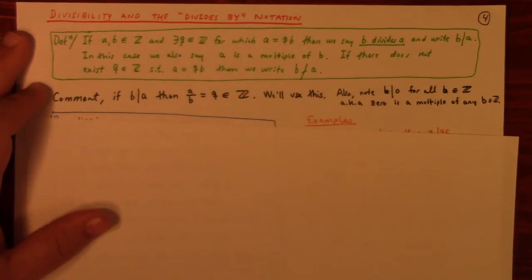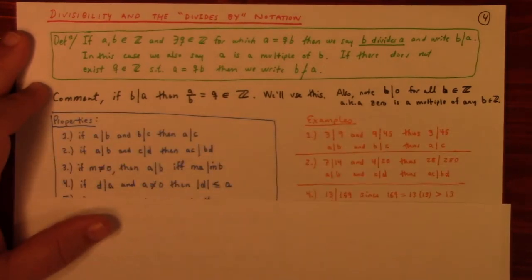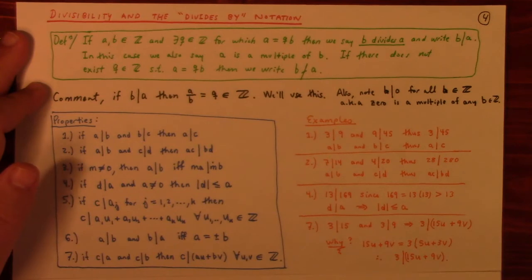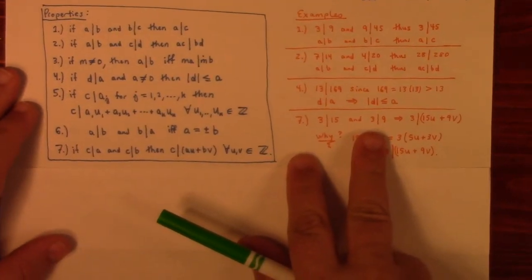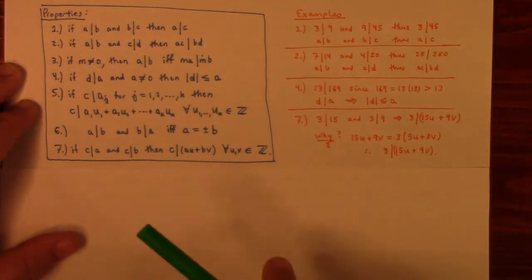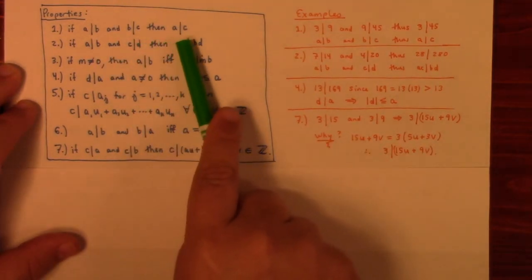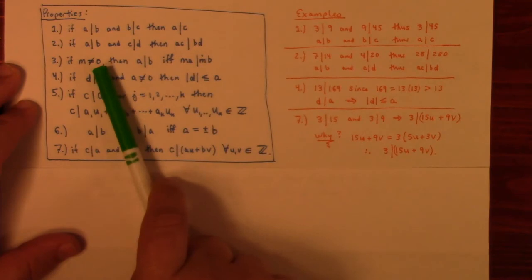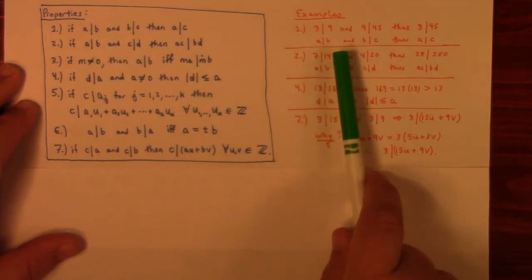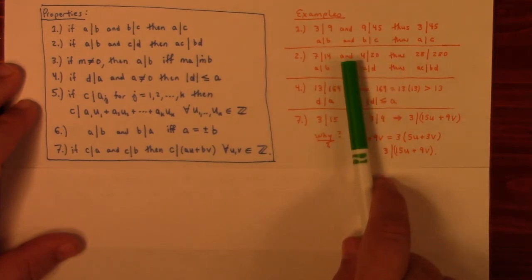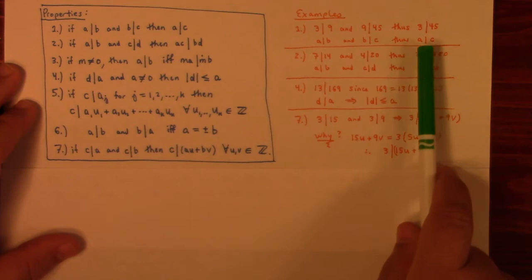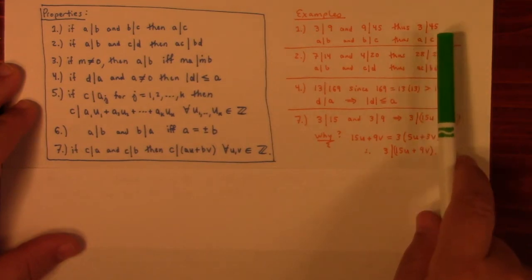Watch out for that. So here's the properties of divisibility, right here. We've got, let's scooch it up here a bit. 1. If a divides b and b divides c, then a divides c. An example of that: 3 divides 9, 9 divides 45, okay? And so then 3 divides 45, all right?